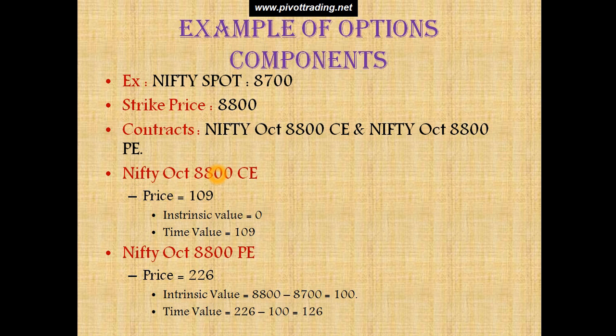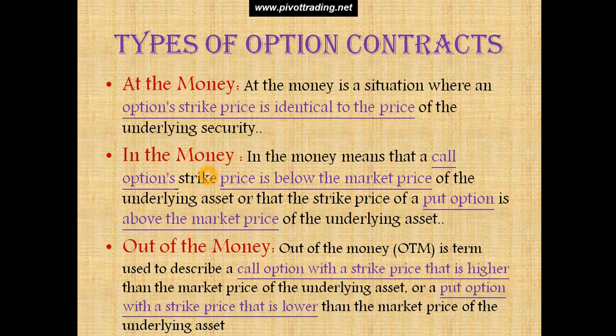Here the current price of Nifty spot is 8700 and you're saying that I'm going to buy Nifty at 8800. So you are seeing a target which is far from the current price. Such types of contracts are called out of the money contracts.